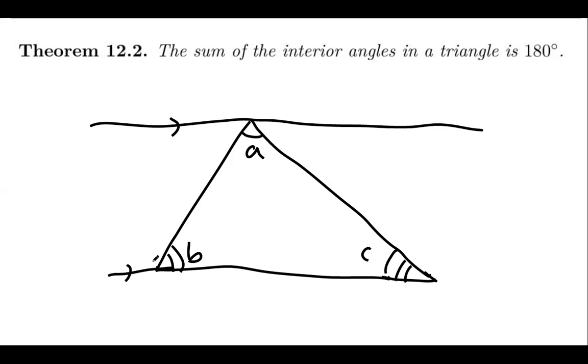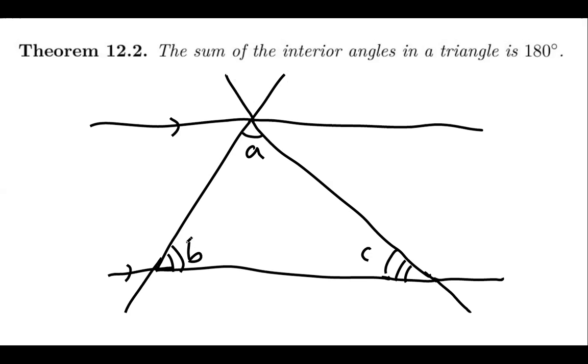So note that we have a few transversals here. So this line is a transversal, and the other one is also a transversal. So that means that we can find some congruent angles.